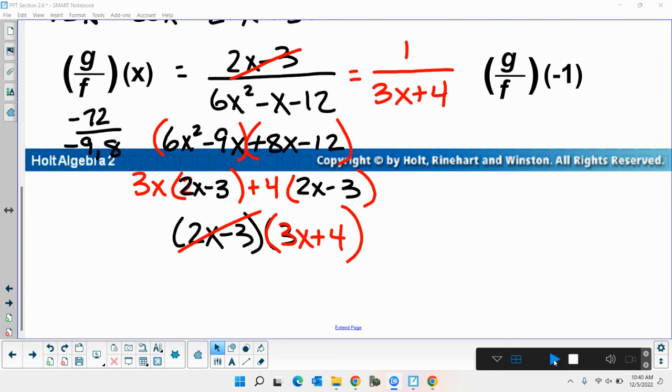Questions on that? Why did you cross out the other one again? Because they're the same. 2x minus 3 over 2x minus 3.